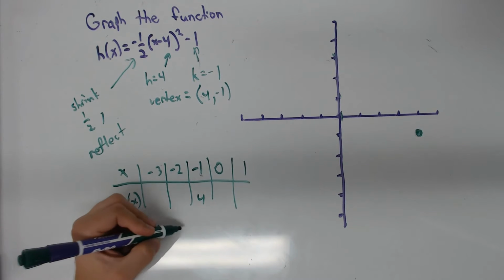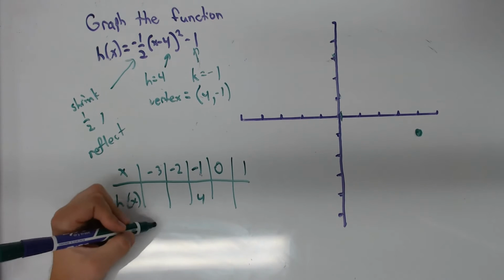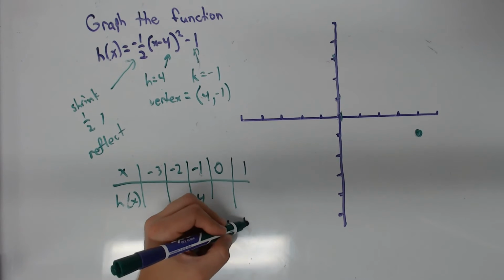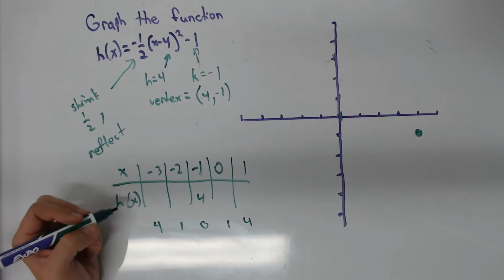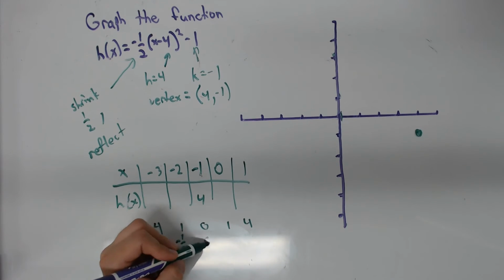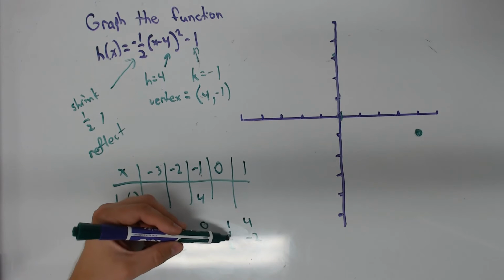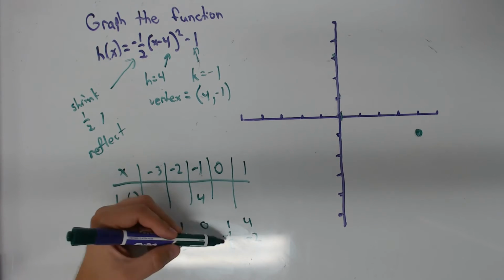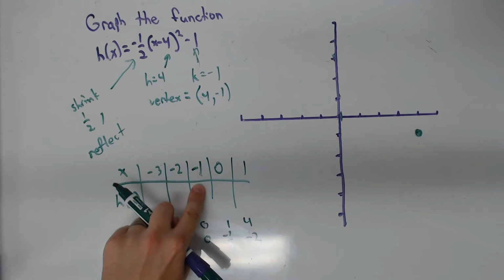My parent function, what the heck am I doing here? 4, 1, 0, 1, 4. And then my pattern is going to be -1/2 of that. So -2, -1/2, 0, -1/2, -2. So negative means I go down. 4 minus 1/2. Oh gosh, I did that so wrong.